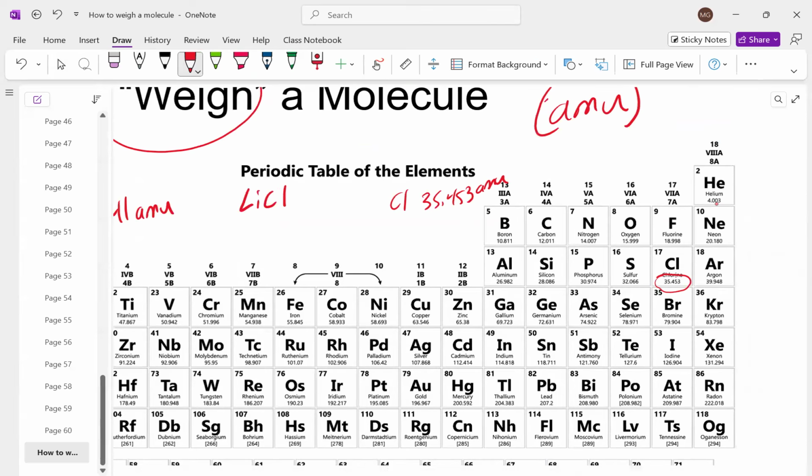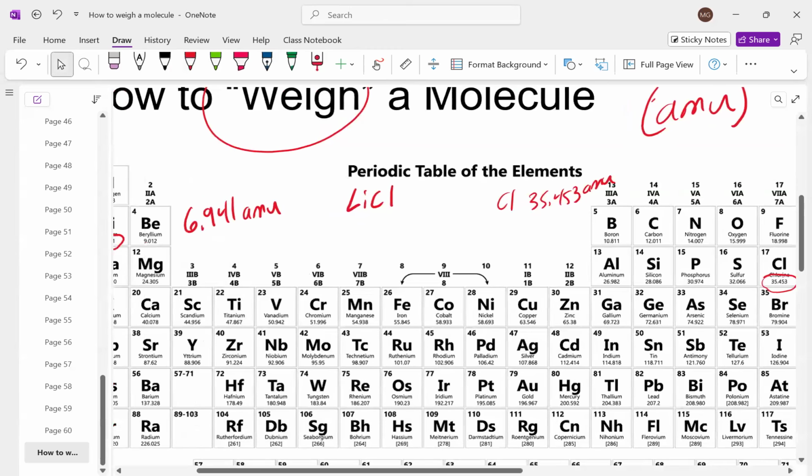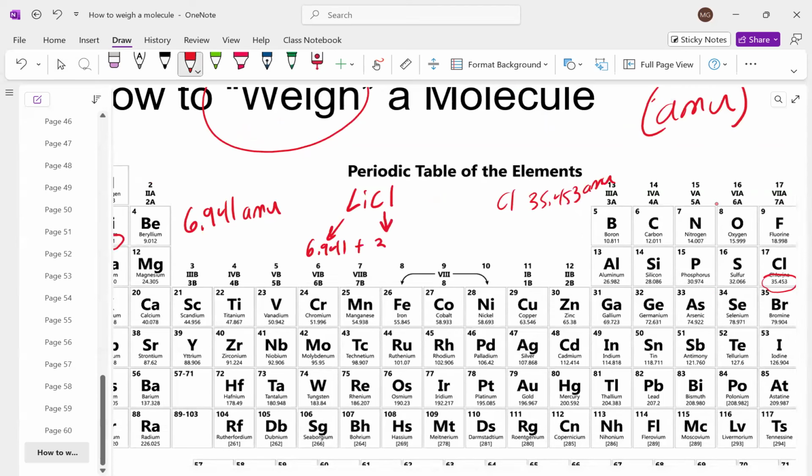Now, what if lithium and chlorine were to react and form lithium chloride? How much does one molecule of lithium chloride weigh? Well, we would take the mass of lithium, 6.941, add it to the mass of chlorine, 35.453, and that would give us 42.394 atomic mass units.